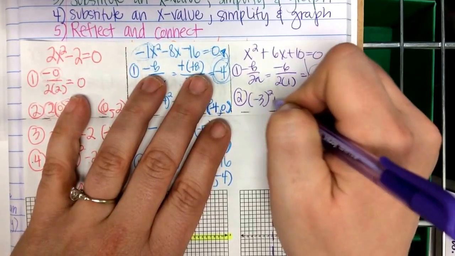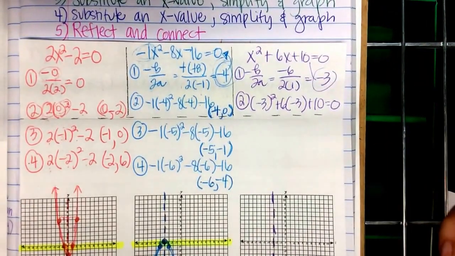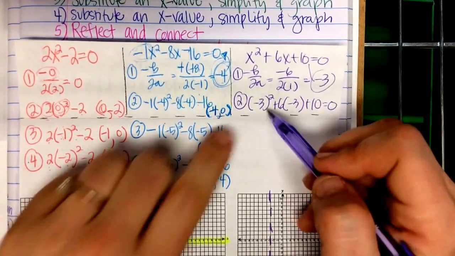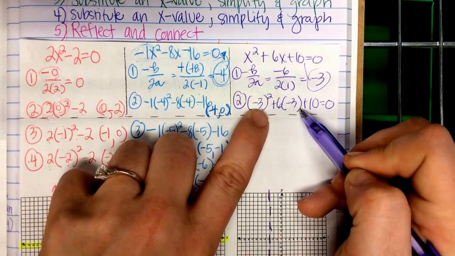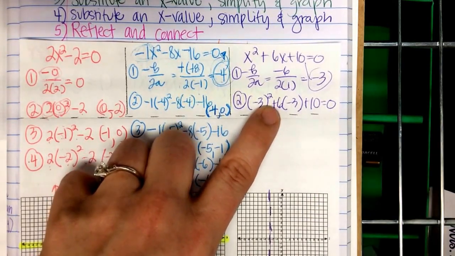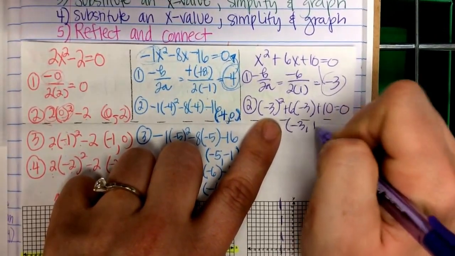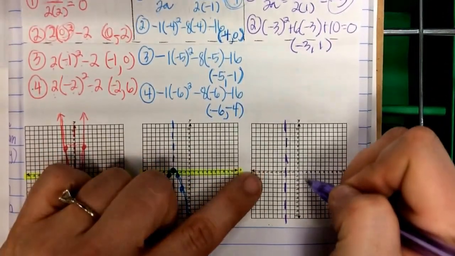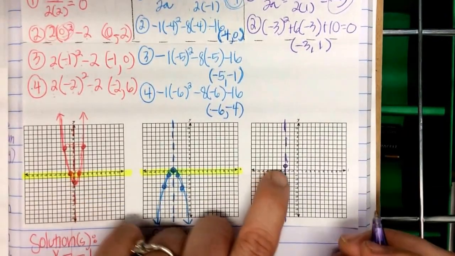Negative 3 squared plus 6 times negative 3 plus 10 equals 0. 9 minus... So do you get positive 1? Yeah. Negative 3, positive 1. There's my vertex.